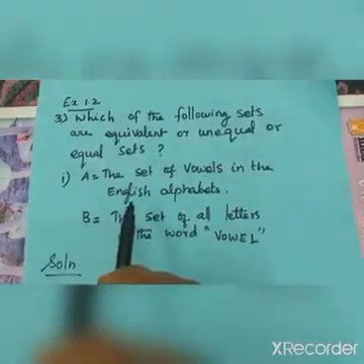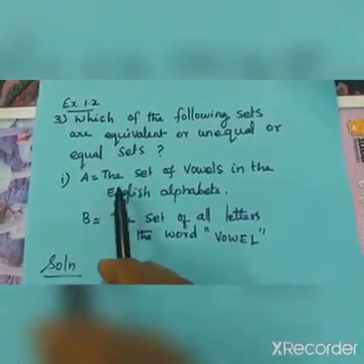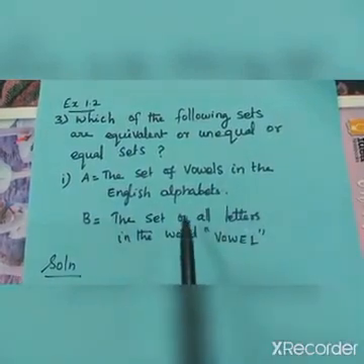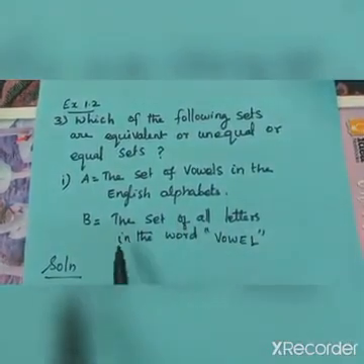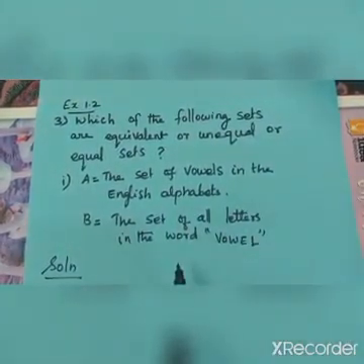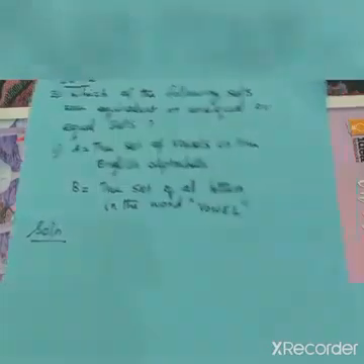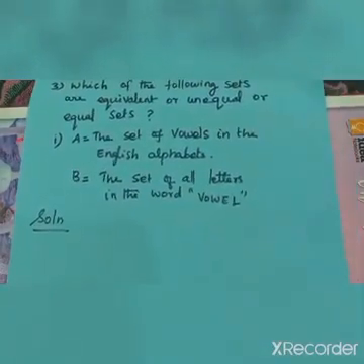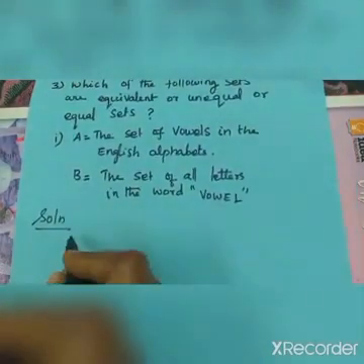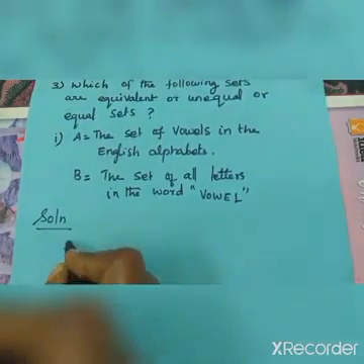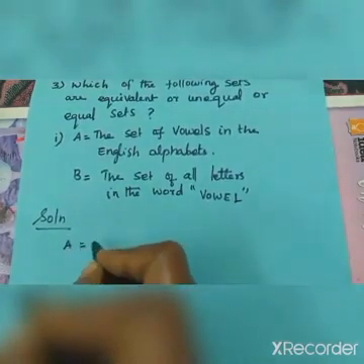First subdivision is: A is the set of vowels in the English alphabet and B is the set of all letters in the word vowel. Okay, let us do. So A is equal to the set of vowels in the English alphabet. What are the vowels in the English alphabet?